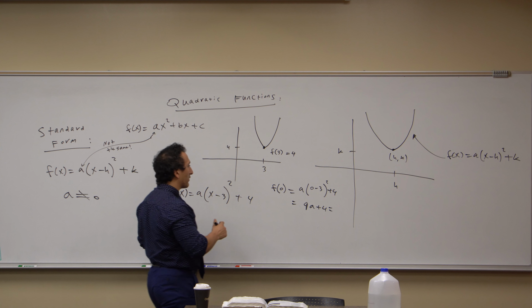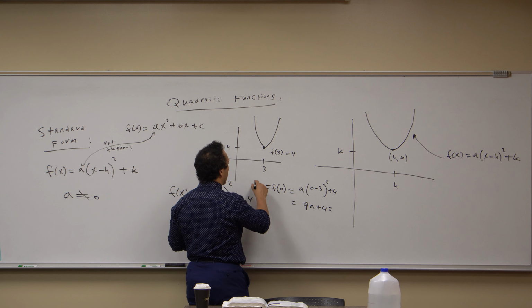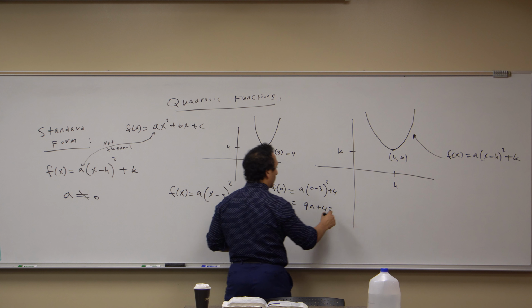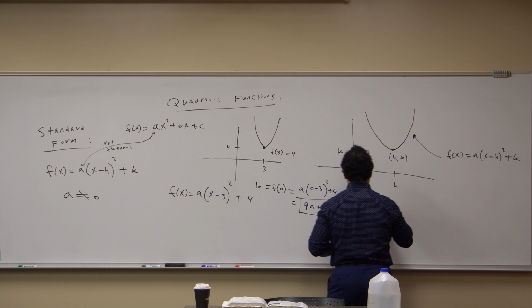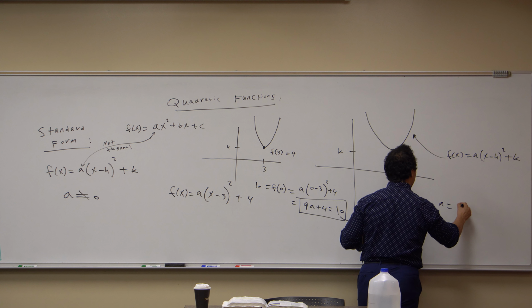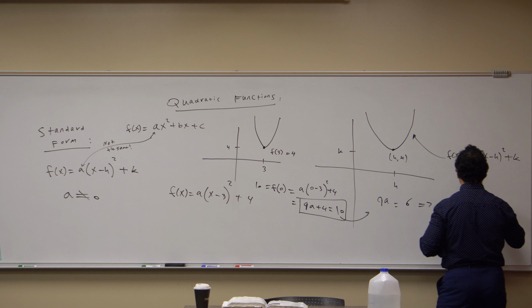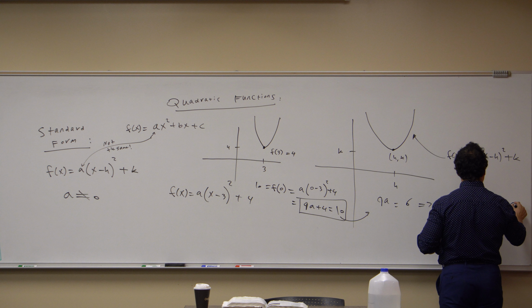So given that the function at 0 is equal to, let's say, 10. Now you can solve for a, because now we have this right here. Solving for a, I get 9a is equal to 10 minus 4, which is 6. This implies that a is equal to 6 over 9. This implies I have 2 over 3, which is my a.